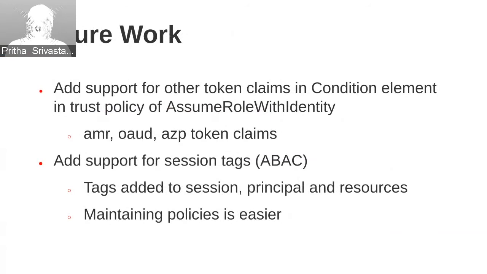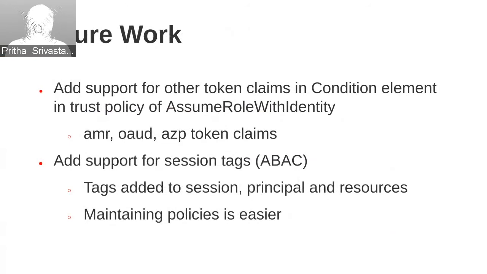So currently we follow an RBAC model, in which case if a system administrator wants to allow a role to access more resources, then the role's permission policy needs to be updated to add those resources.